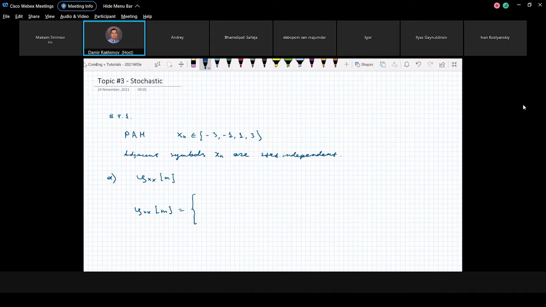So, how do we calculate the autocorrelation function? Rectangular. Well, yes, you are right, but that works for periodic signals and for finite signals.